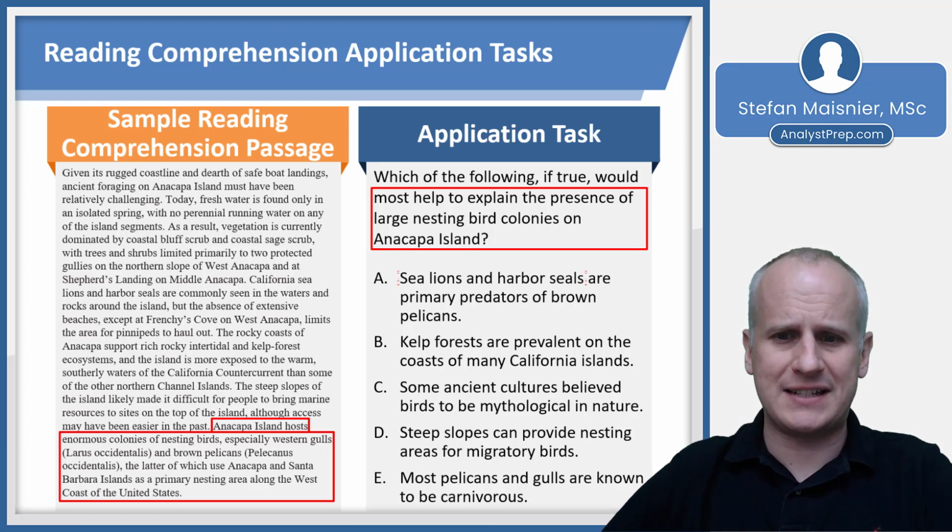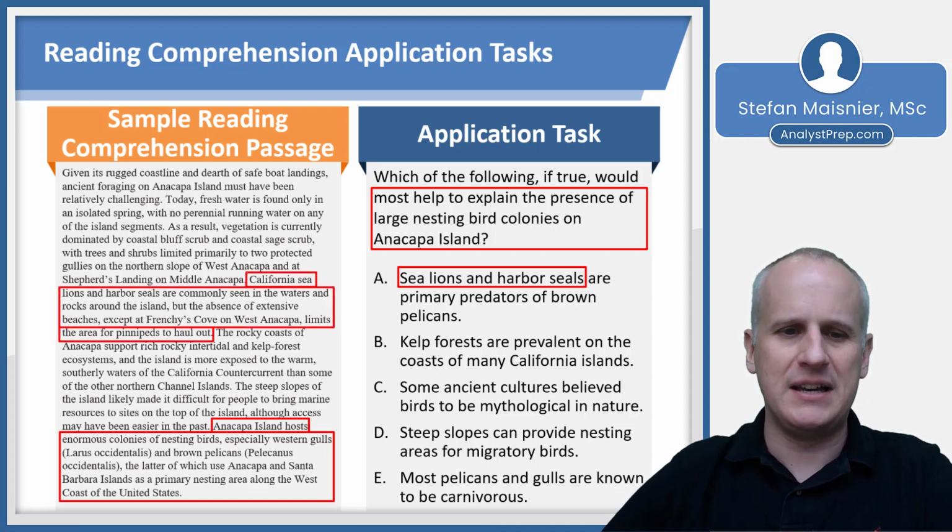I will have to scan for the phrase sea lions or harbor seals, and in the middle of the passage we see California sea lions and harbor seals are commonly seen in the waters and rocks around the island, but the absence of extensive beaches except at Frenchie's Cove on West Anacapa limits the area for pinnipeds to haul out.